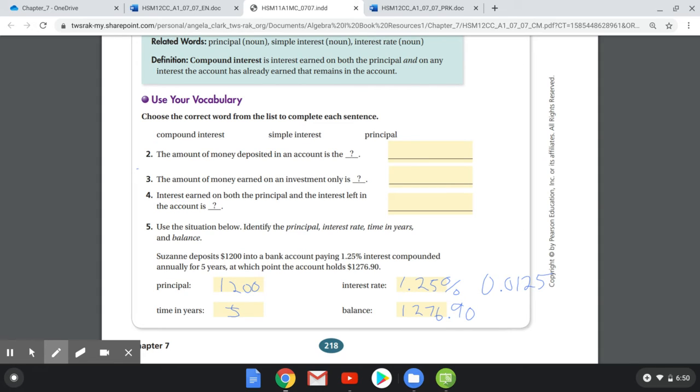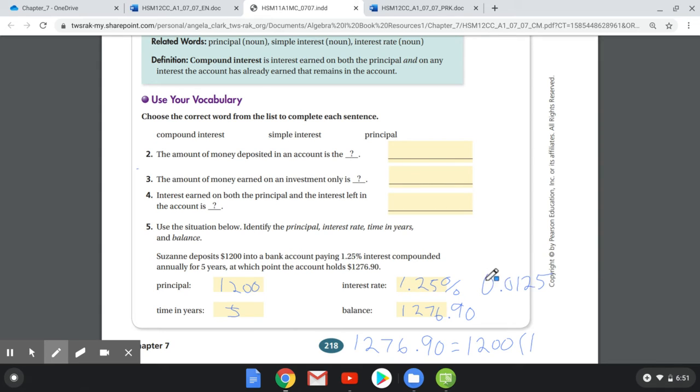So if I wanted to put this into an equation, I could say my new balance is going to equal my initial balance times 1 plus my decimal, 1 plus my rate. We talked about that in the last section.